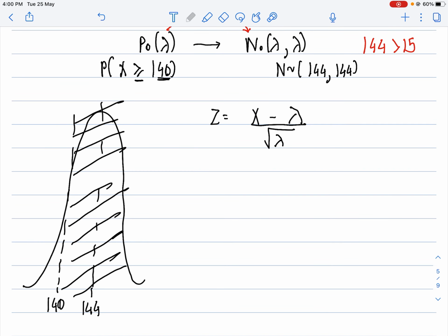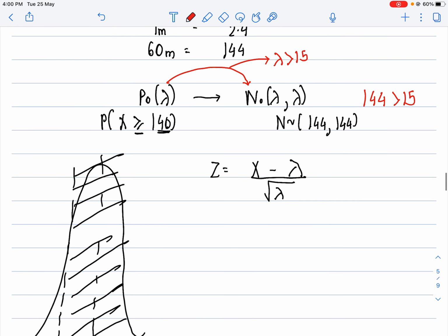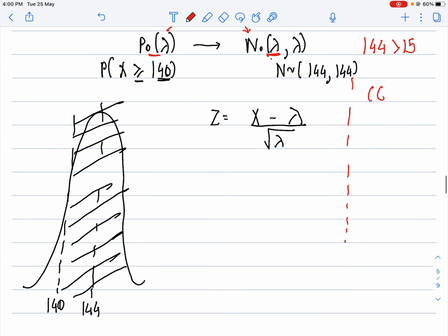No. When you convert from Poisson to normal, you are converting from a discrete variable to a continuous variable, so there's a very important thing called continuity correction. If I have 140 here and its sign is more than or equal to, the continuity correction is always 0.5. If it's more than or equal to, then it's minus 0.5. So I can simply write this as 139.5.